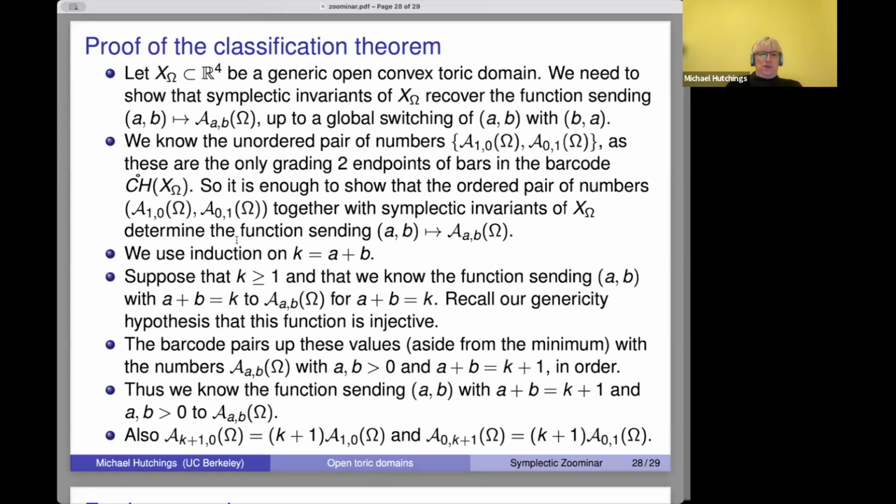So suppose that K is greater than or equal to 1, and suppose I already know the function sending AB with A plus B equals K to its action. And my genericity hypothesis was that this function is injective. That's going to be important now. Now, we saw in the previous slide that the barcode pairs up these values A_AB, with the minimum value removed, with the numbers A_AB of omega, where A and B are positive and A plus B is K plus 1, in order.